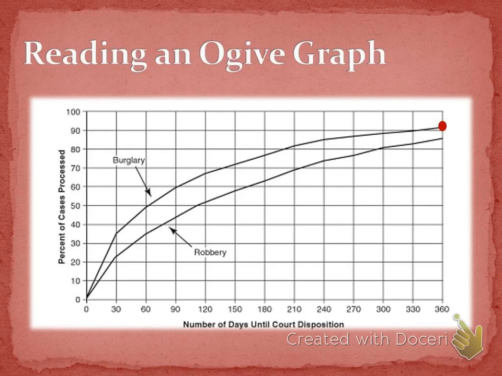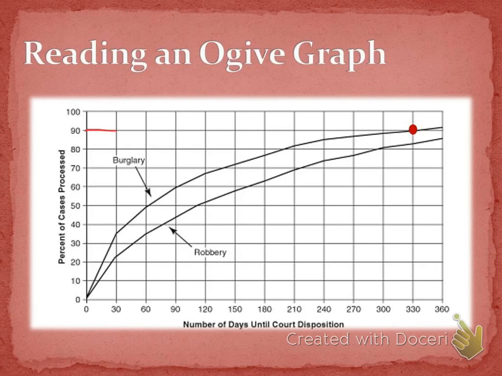Over here, right, at 360 days, after 360 days have gone by, we're over here, about 92% of burglaries have been taken to trial, where only about 85% of robberies have gone to trial, right? 90th percentile, right?